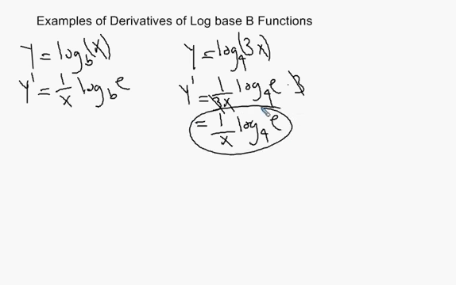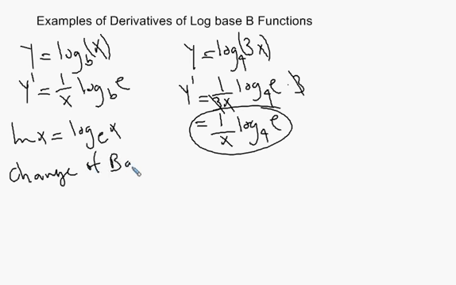But we also know another rule that we just learned, that natural log of x is equal to log base e of x. And using the change of base formula, we can rewrite our original problem. The change of base formula is log base b of x equals log base n of x, where n is any number, over log base n of b.